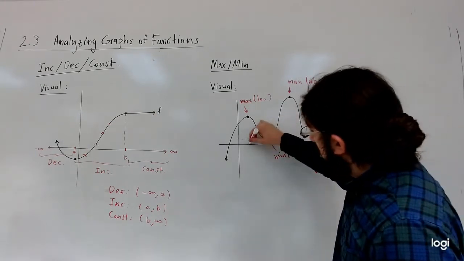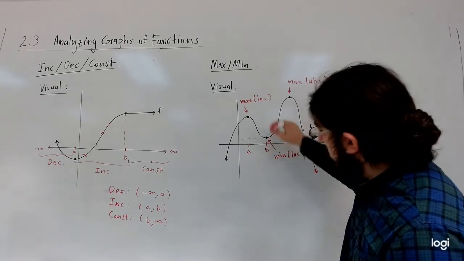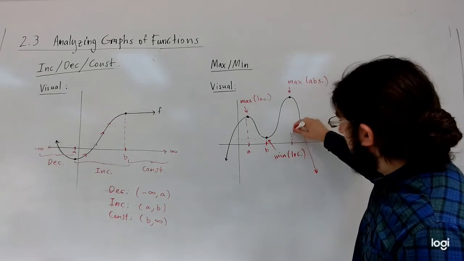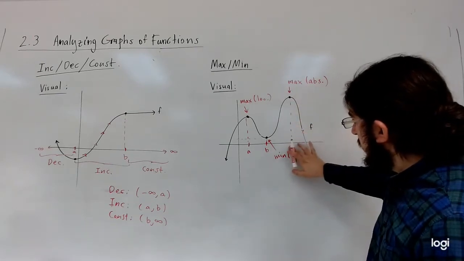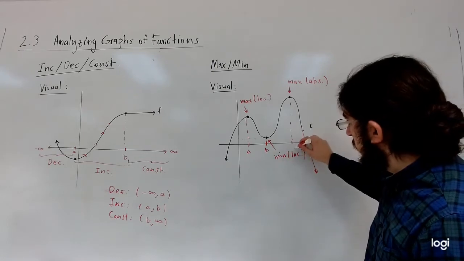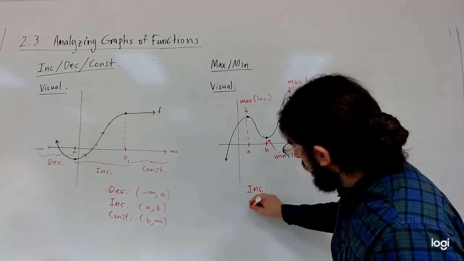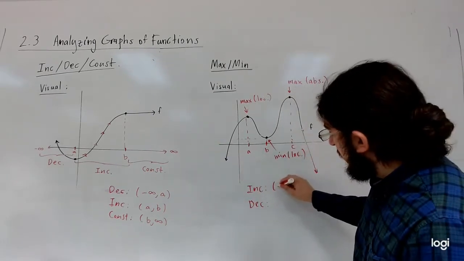So if I call these values a, b, and I guess c, the x values that correspond to these points, then we see the following as far as intervals of increase, decrease. So where is it increasing and where is it decreasing? Well, it is clearly increasing from negative infinity to a.